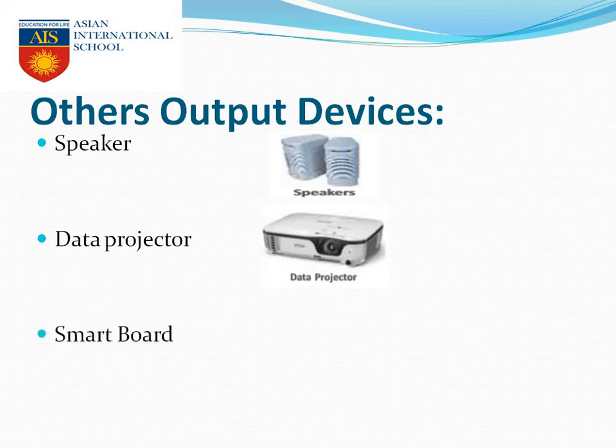Next is the smart board. A smart board is an output device that displays the image on a connected computer screen, usually via a data projector. So it is also like a data projector which displays the information of a computer on a bigger screen. What is the difference between a data projector and a smart board?